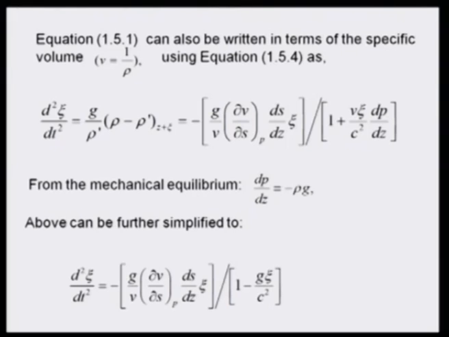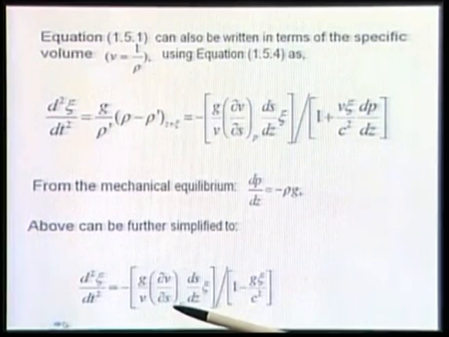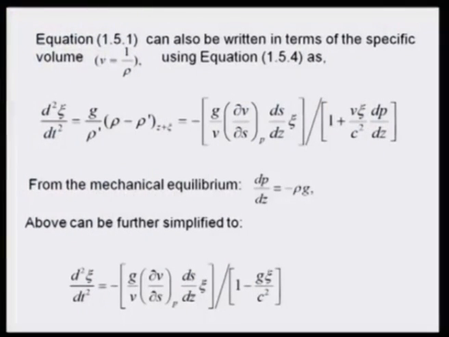So, we have used thermodynamic relations to simplify the quantity in the numerator, especially the partial of specific volume with respect to entropy, keeping pressure constant.